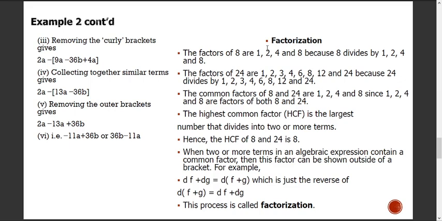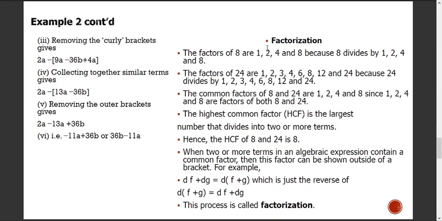So if we want to compare the factors of 8 and, let's say, 24, what are the factors of 24? Which numbers divide 24? We see 1, 2, 3, 4, 6, 8, 12, and 24 are factors of 24. Of the factors of 8 and the factors of 24, which are common?